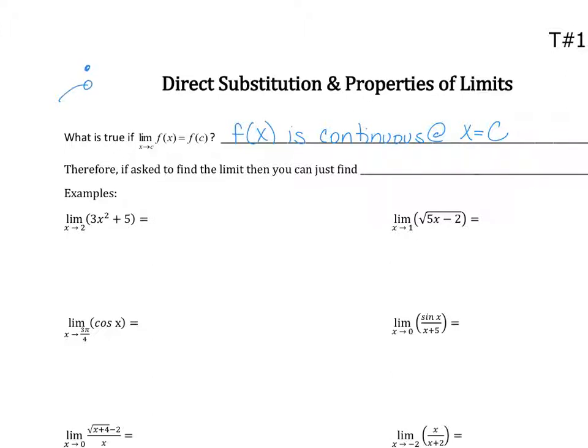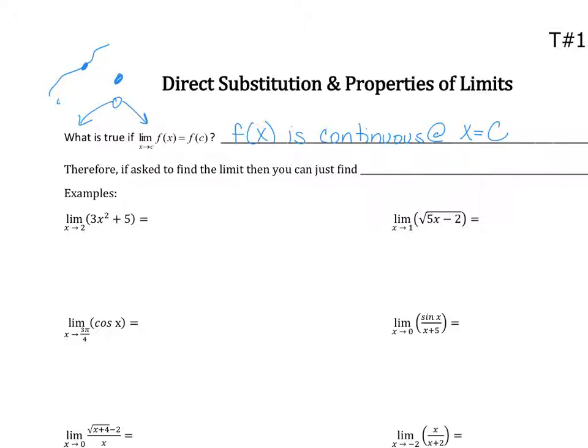So you have those places like this where you don't have a limit, of course, that's not what I'm talking about, but if you have something like this where you have a limit, but the function value is different, then it's not continuous. So in order to be continuous, the limit and the function value have to be the same.